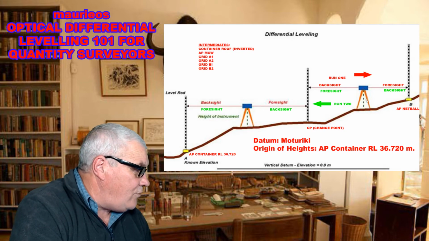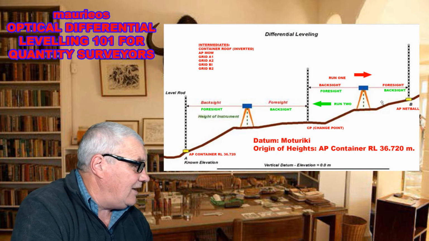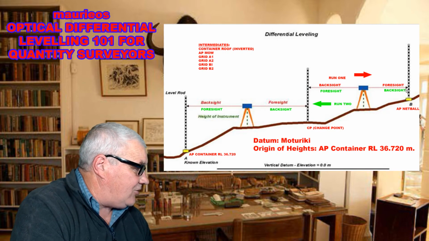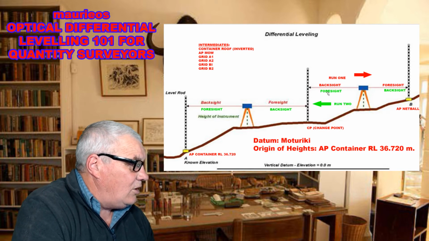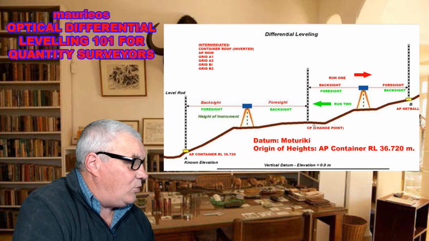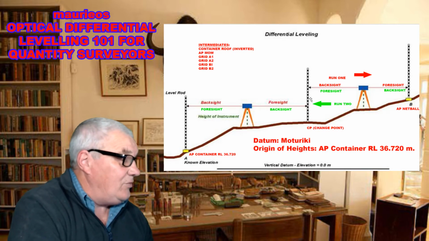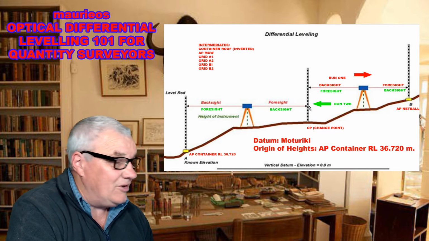Then we will move the instrument just slightly so that we've got a different height and different reading, and we'll work on the green run. Backsight AP netball, foresight CP change point. It doesn't have to be the same point, it can be a different one, but it's convenient just to leave the pegs in this case.